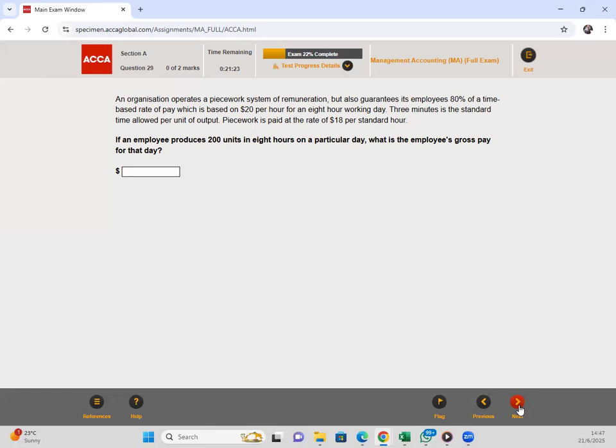Piecework is paid at a rate of $18 per standard hour. Let me give you a minute and a half to read and attempt. That should be very fast. Quickly try that. Time is now running out.